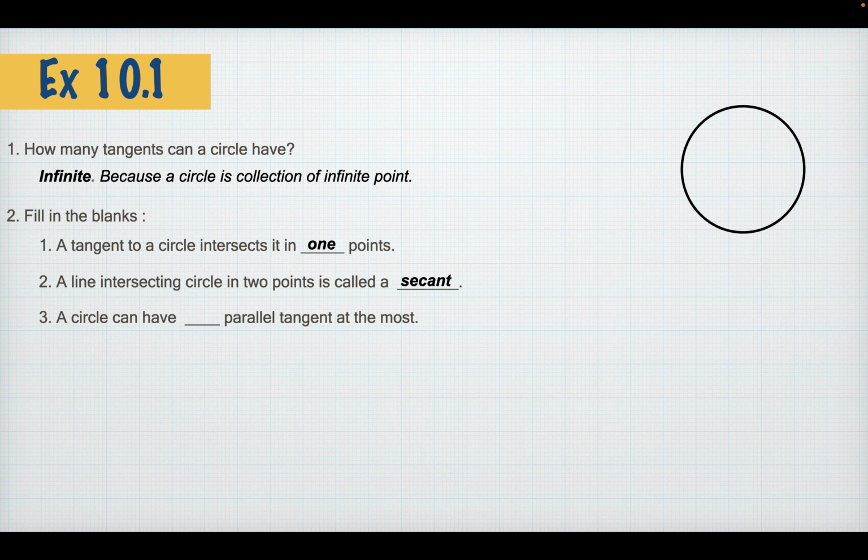Okay, a circle can have how many parallel tangents at the most? We did it under an activity. We drew a secant passing somewhere around the middle of the circle, and then we drew parallel lines to the left and right of it, and then we tried moving out of the circle drawing these parallel lines, and we got to a point where we were just touching the circle.